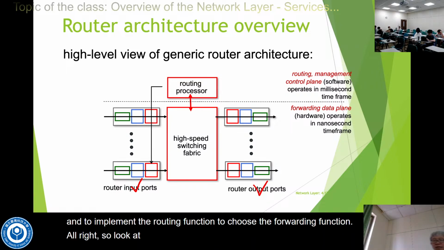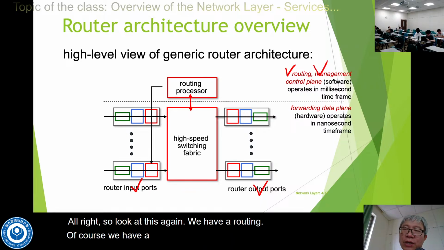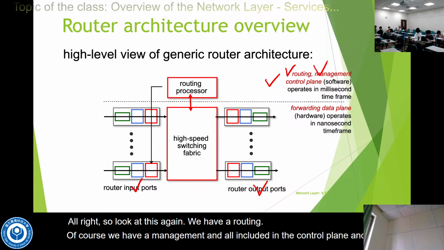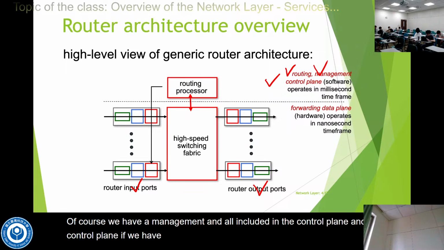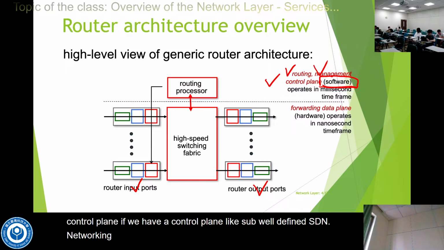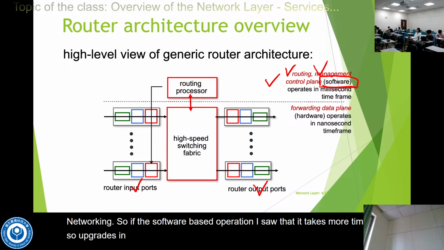We have routing and, of course, management, all included in the control plane. If we have a control plane like software-defined networking, SDN, it's software-based operation, so it takes more time. It operates in milliseconds. Alright.